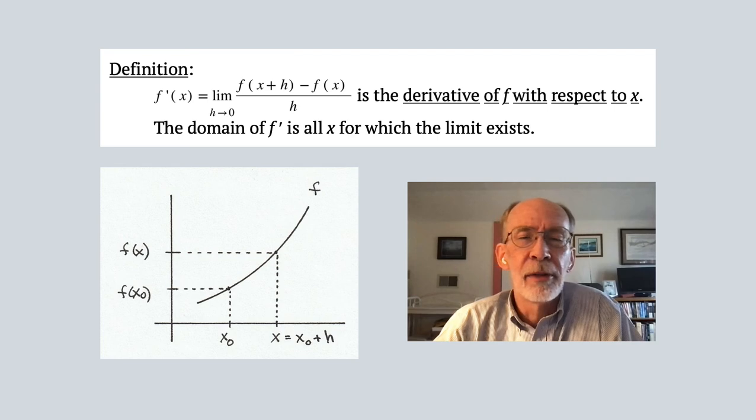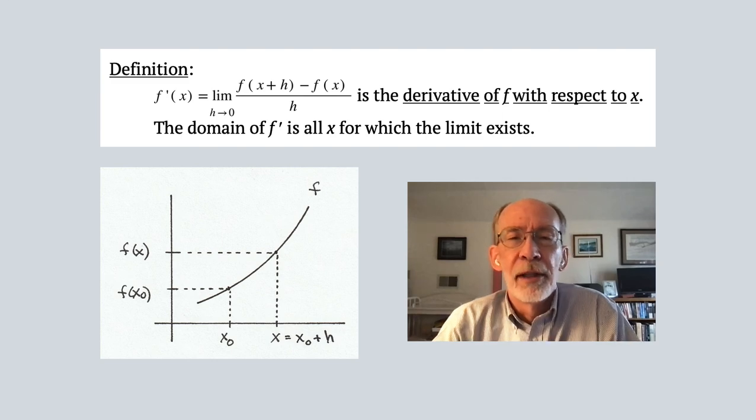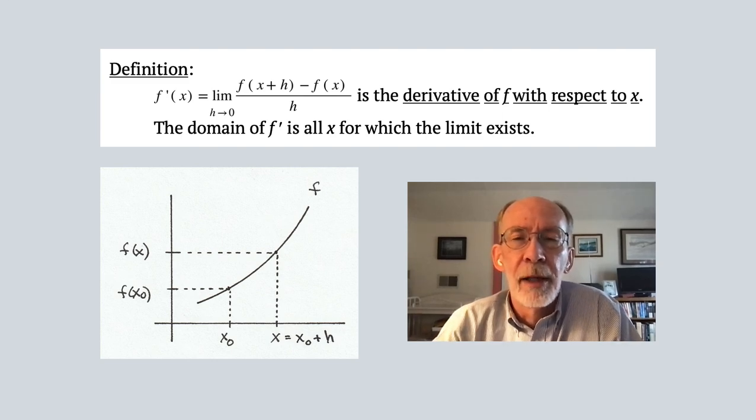And for those of you who ultimately take some multivariable calculus, there's going to be more than one independent variable, and then it becomes extremely crucial that we're clear about which one we're talking about. The domain, perhaps not obviously, can only be the set of all x's for which this limit exists. If the limit doesn't exist, the derivative doesn't exist, and so that value is not in the domain of the derivative.